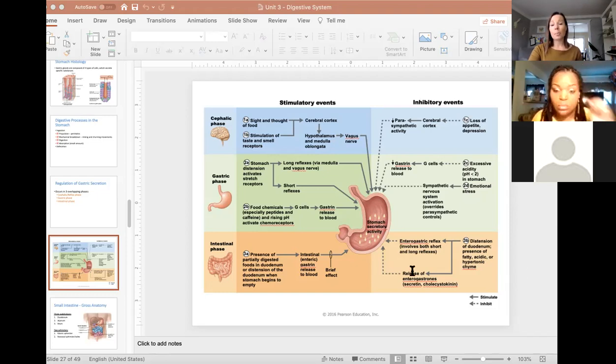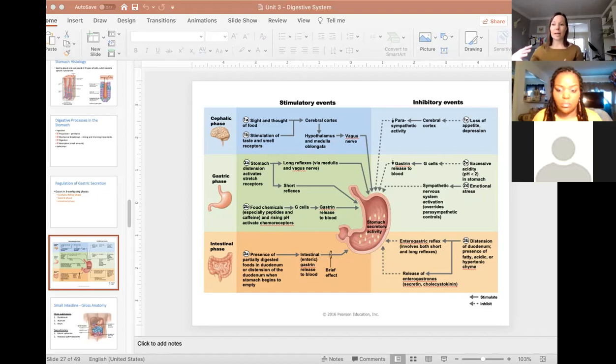There are also a couple hormones, and they're listed here. Secretin is one. Cholecystokinin, CCK, is another. These are also listed in your outline. But these hormones also inhibit the secretion of gastric chemicals.